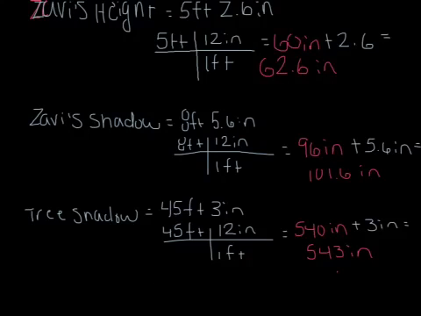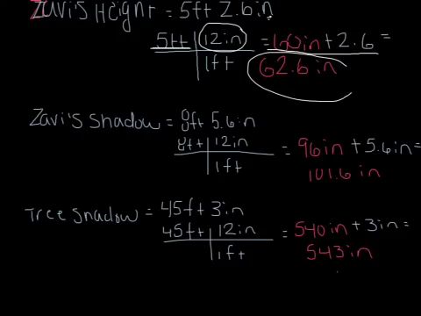So first, like we did in my height, we had to convert all these units into inches. So, as you can see, Zavi's height, Zavi's shadow, and the tree shadow, which are all the factors we currently know, we times by 12 because there are 12 inches in a foot. So first we did 5 feet times 12 inches, and we got 60 inches. Then we added the 2.6 inches, which was already in inches, and we got 62.6 inches.